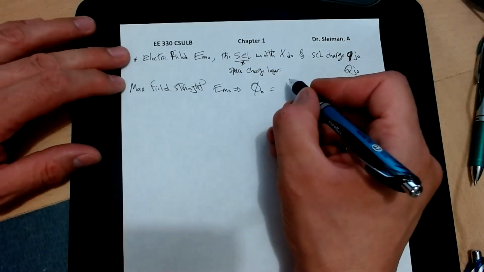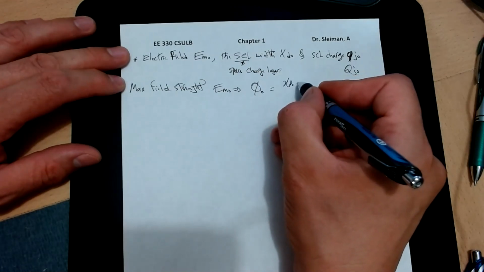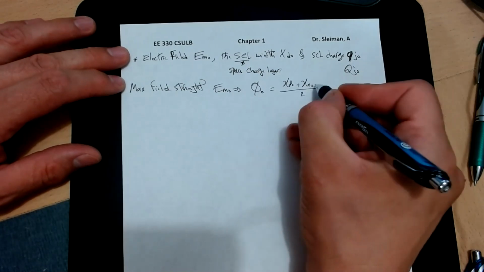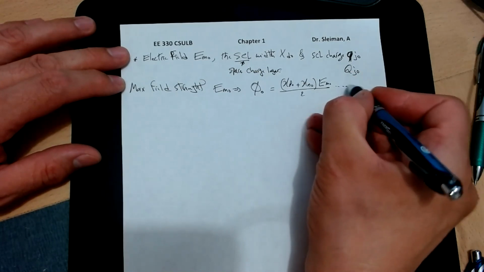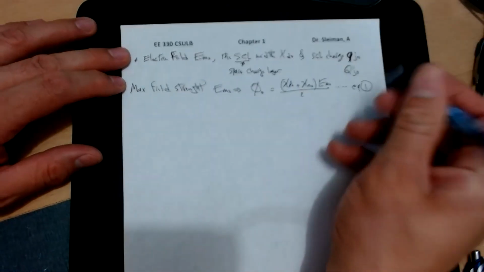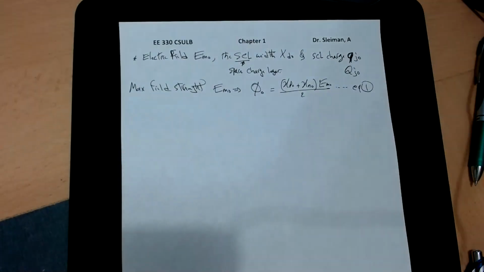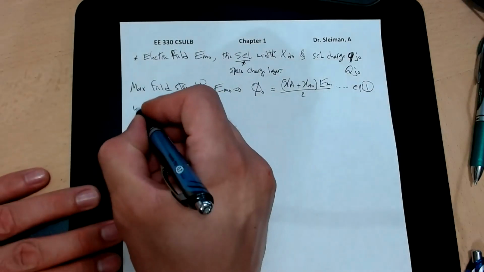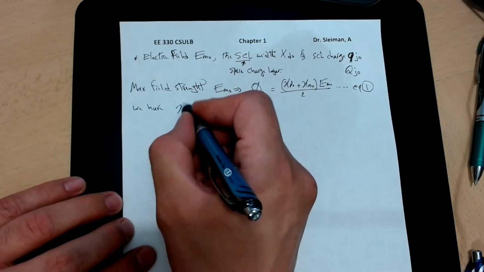So we have phi 0 is equal to the sum xp0 plus xn0 multiplied with Em0, and we're going to consider this our equation number 1. And also we have xp0.